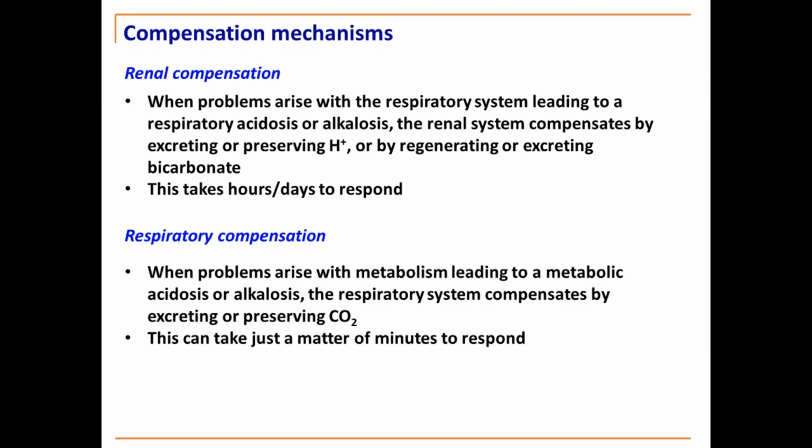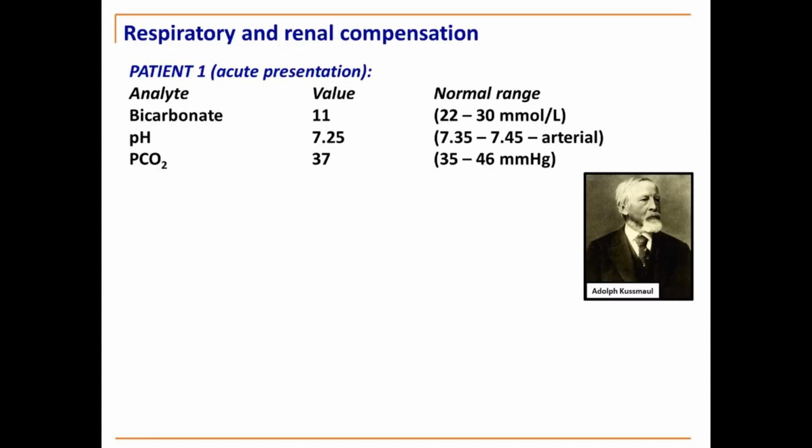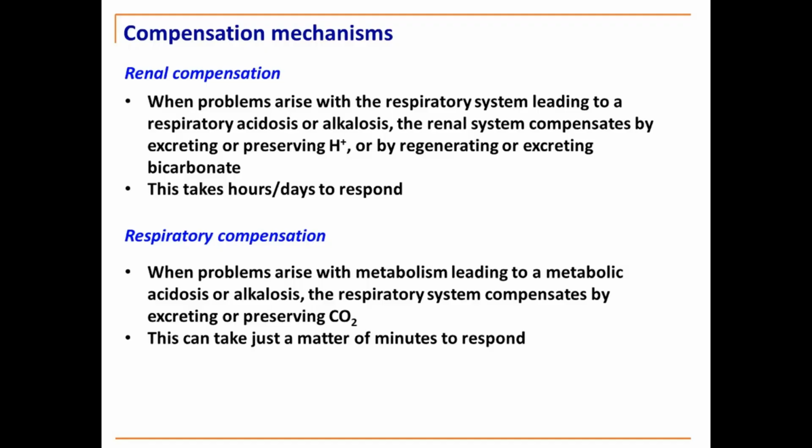And you get respiratory compensation when problems arise with metabolism, leading to a metabolic acidosis or alkalosis. The respiratory system compensates by excreting or preserving CO2, and that's much, much quicker. And as you might expect, the respiratory system cannot compensate if you have a respiratory issue, because your respiratory issue is there.